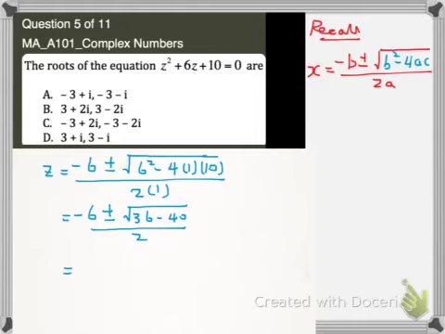Note here inside the square root, i.e. the discriminant, we have 36 minus 40, so we will have imaginary roots.